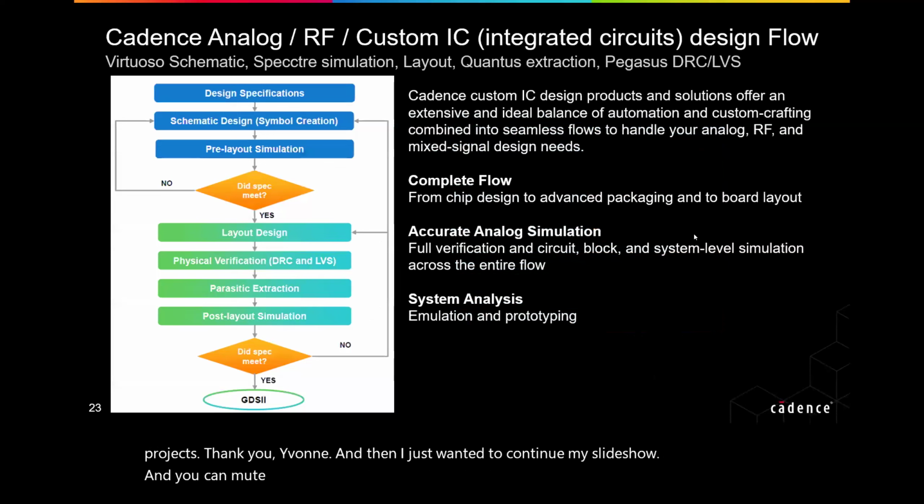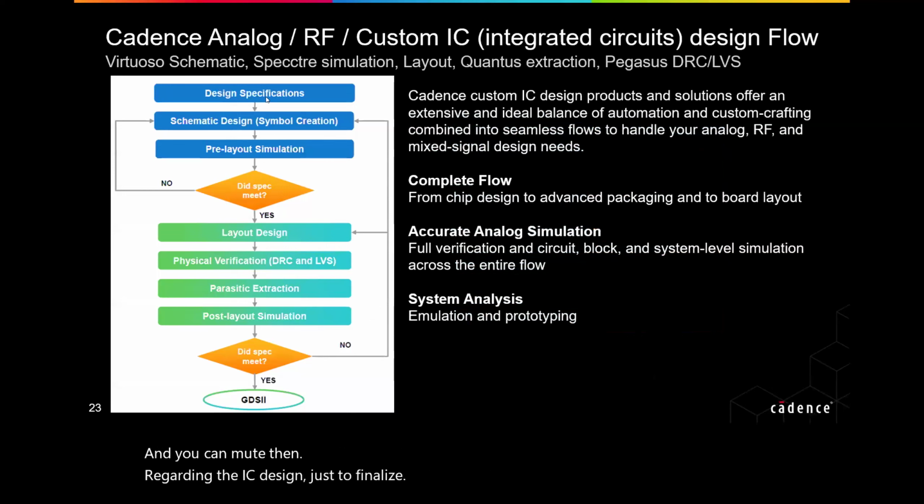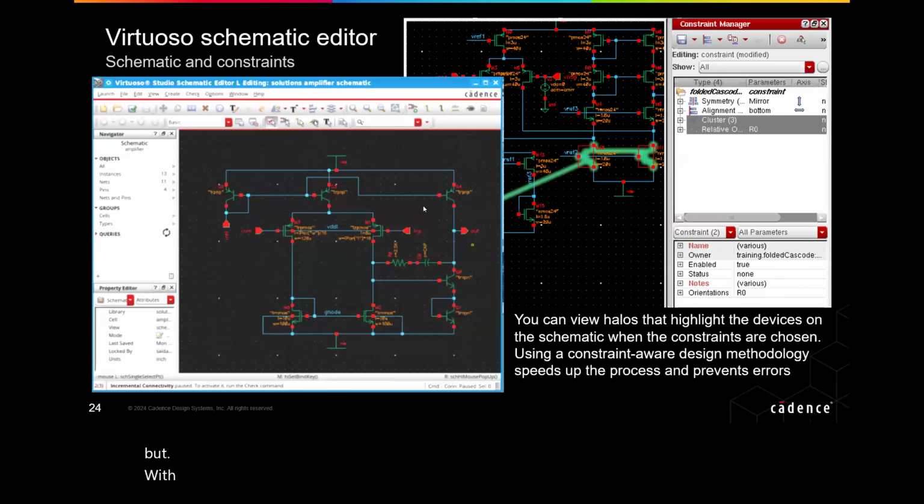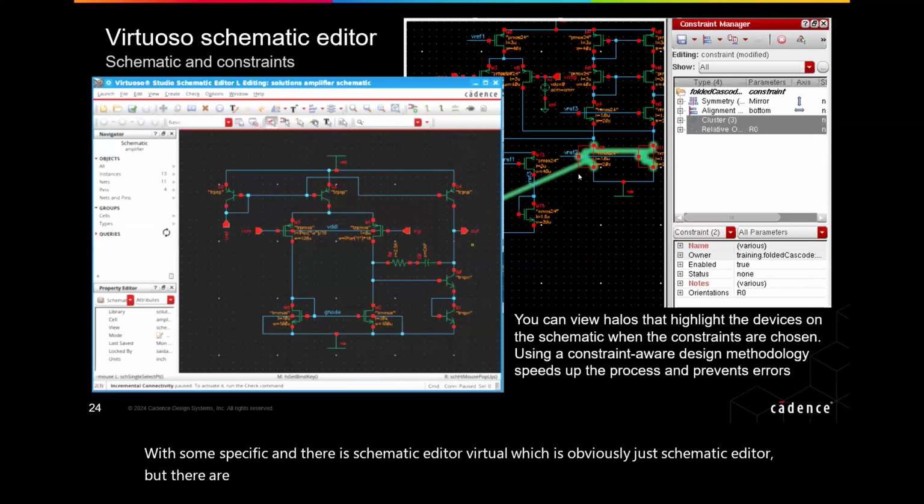Then regarding the IC design, just to finalize, there is the analog flow, which consists of several tools, very similar, of course, to PCB design tools, but with some specifics. And there is the schematic editor Virtuoso, which is obviously just a schematic editor, but there are some special tools, like you can see on the right side in the schematic editor.